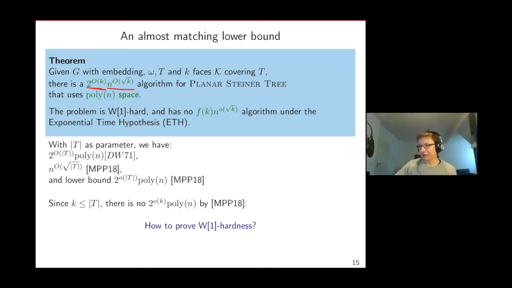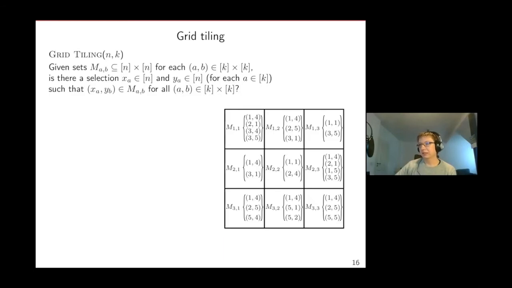Okay, so how do we prove hardness? Well, if you are in this audience, you probably have heard about the grid tiling problem, but in case you didn't, we are given a k by k grid, and in each grid cell, we are given a set of pairs, where a pair consists of 2 integers between 1 and n.